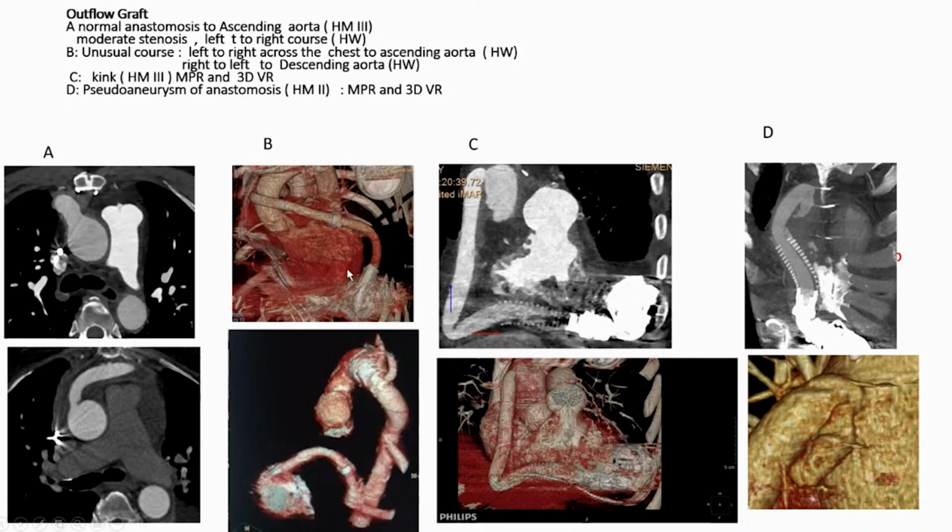Right to left, and left to right here. And this is a case of kinking. I showed you earlier the 3D rendering. And this is what we call pseudo-aneurysm of the anastomosis site of the outflow cannula with the ascending aorta, most likely due to infection.